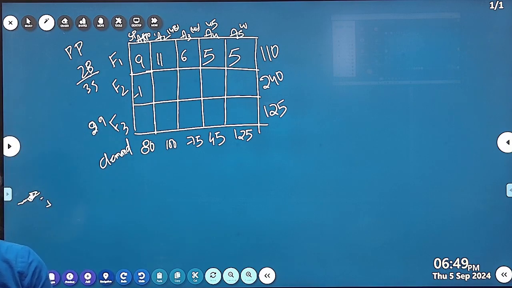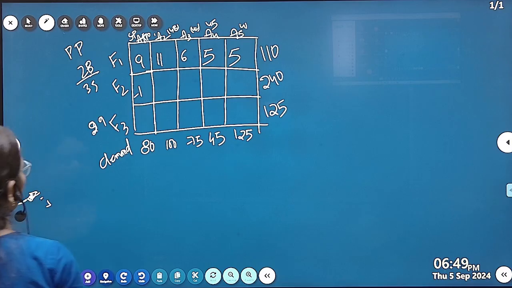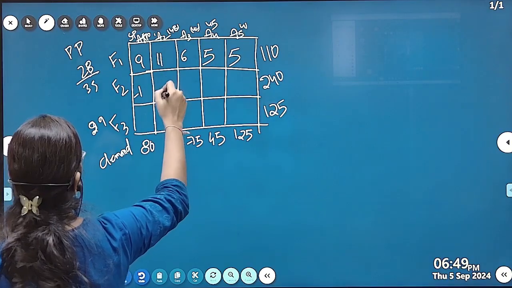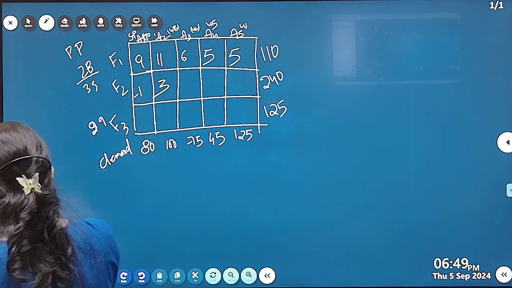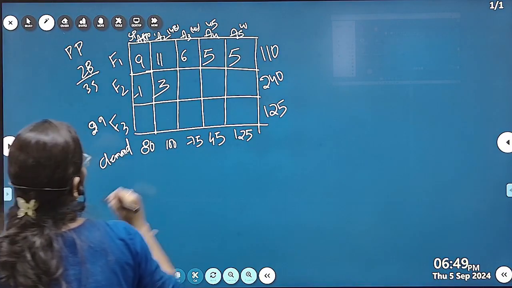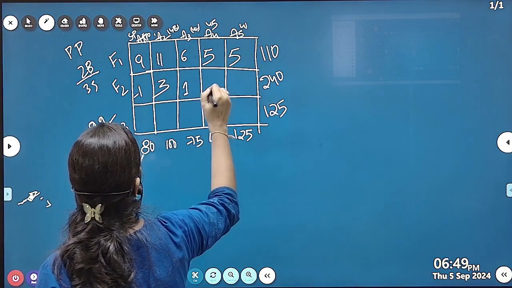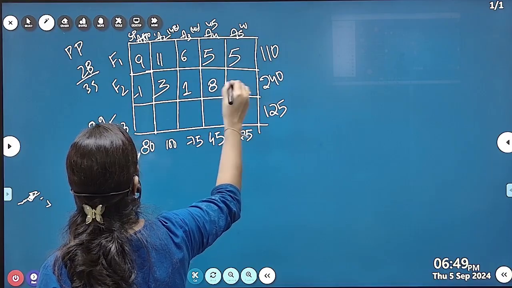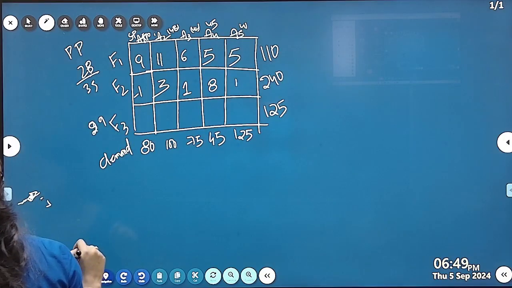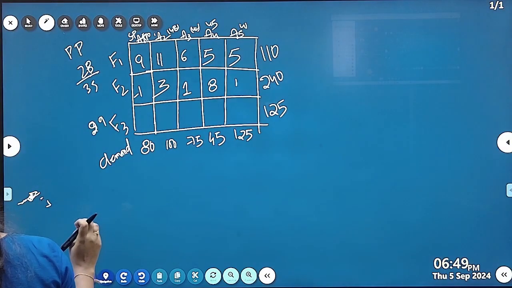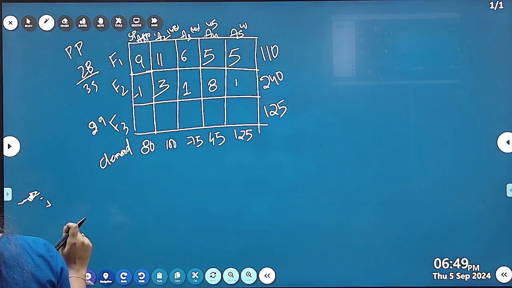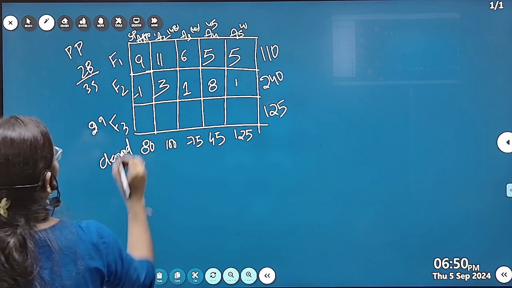Next, 35 plus 10 is 45, 48 minus 45 is 3. This is 1, and this is 8, and this is 29, 32, 32 minus 48.